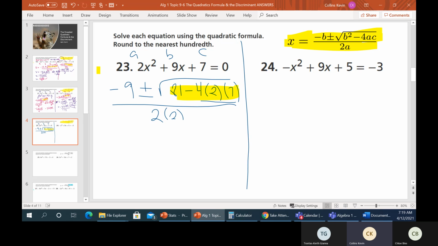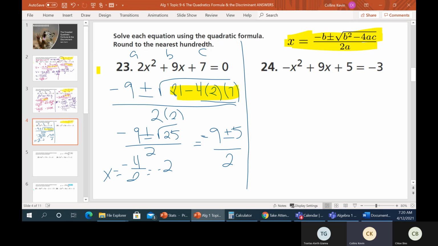All right, so then that means we've got minus 9 plus or minus the square root of 25 over 2, right? And as we said, that would be minus 9 plus or minus 5, because we could take the square root of 25 and get 5, over 2. So that means our first guy would be minus 9 plus 5, so that's minus 4. So x would be minus 4 over 2, so that's just negative 2, right?